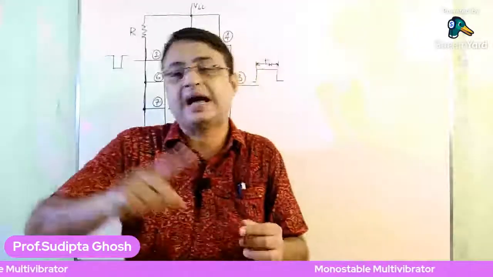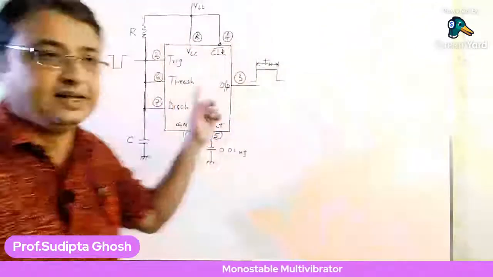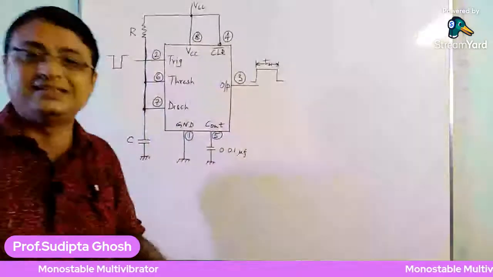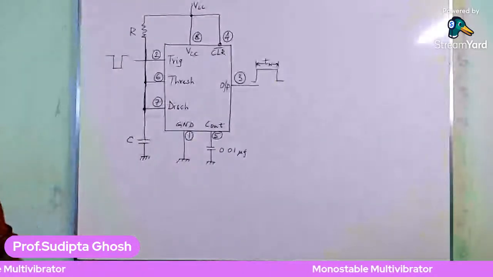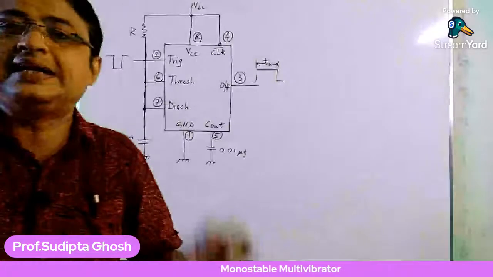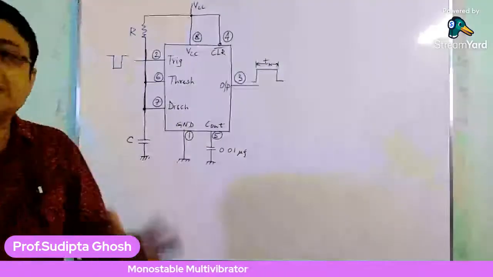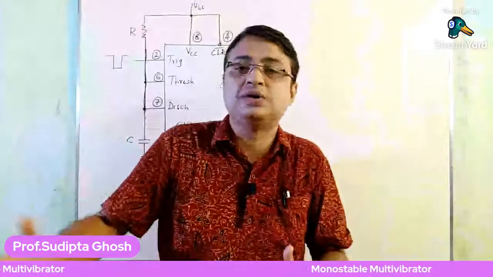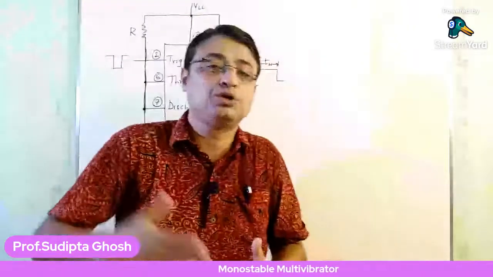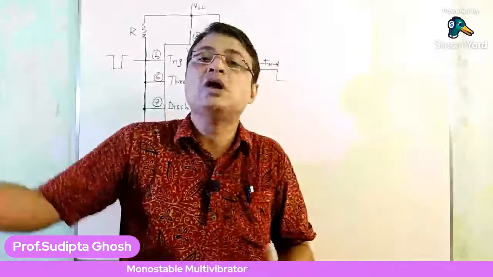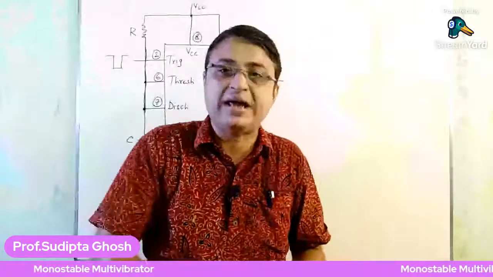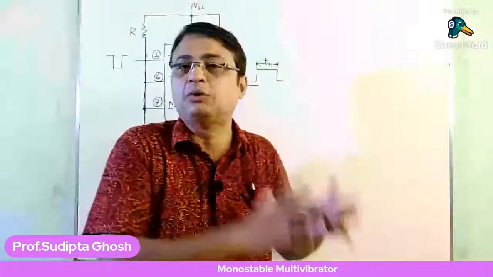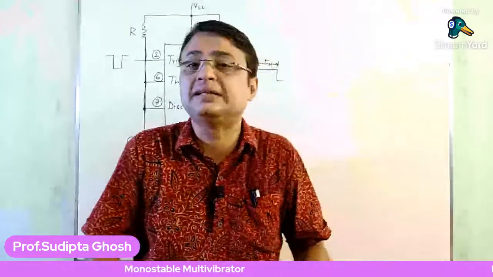And now the time constant is RC, because the capacitor has found a resistor in its path of charging. Is it okay? So that is the unstable state. As this is the unstable state, the output which has gone high will always shift back to the stable state of this 555 timer, the monostable multivibrator, that is nothing but a 0.